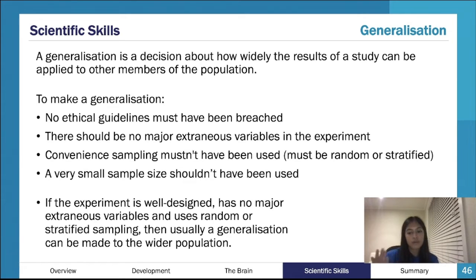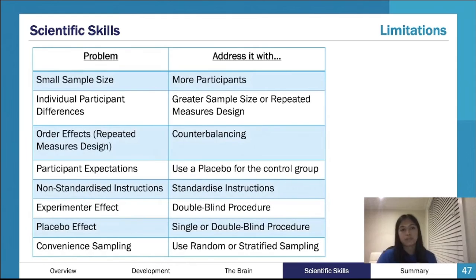So to figure this out, you have to determine, is my sample representative or not, basically. You need to think in terms of the sampling, like, is this random sampling? Is it stratified sampling? Are they actually represented? Have I used a big enough sample size so that I've got, again, a good representative of the population? Is the IV actually affecting the DV? I don't have any confounding variables. And then obviously, have I obeyed ethical principles? Is this experiment valid, basically? So if that ticks everything, then you can generalize it to the population.